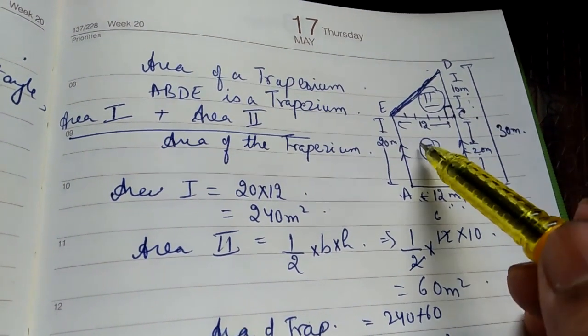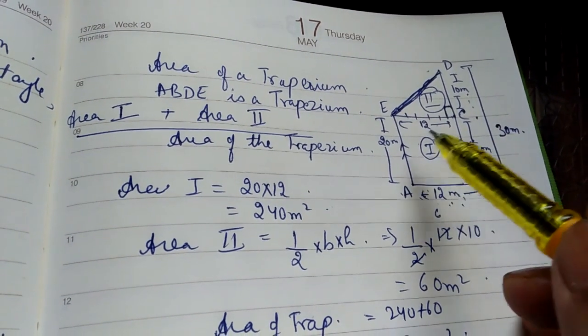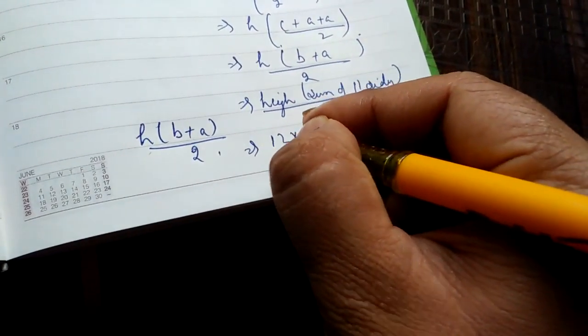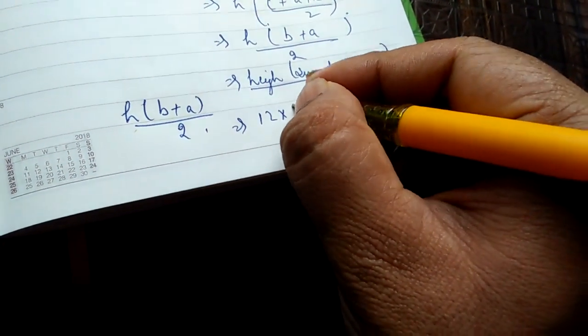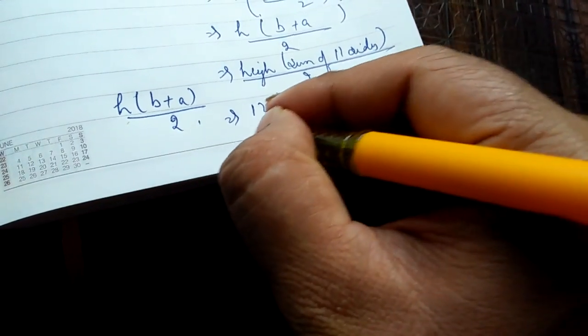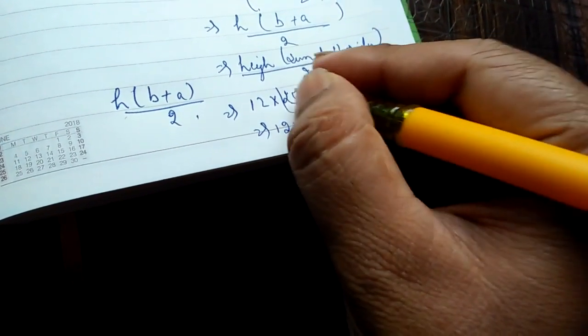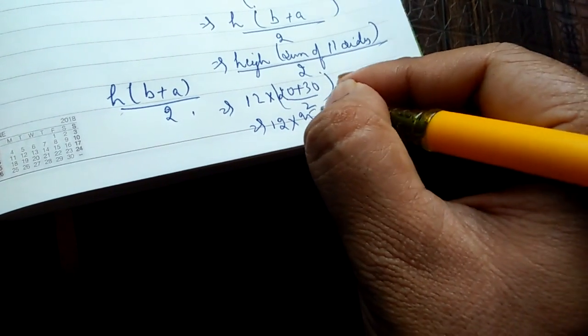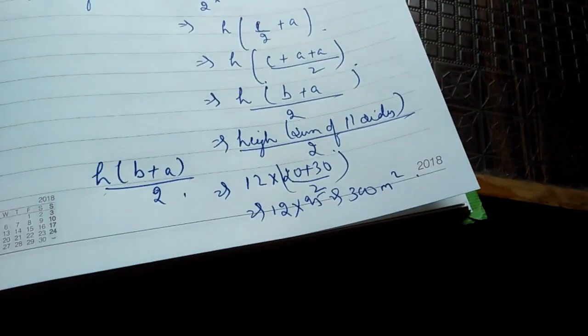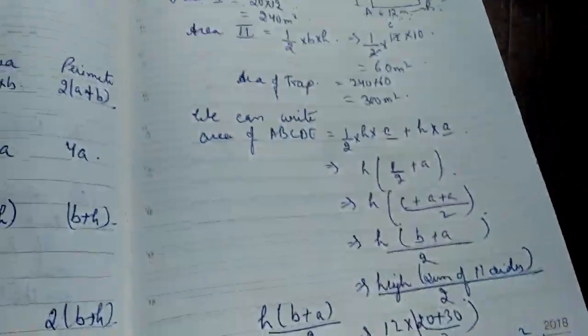Okay, so height is 12 meters, so it can be given as 12 into (B plus A), which is 20 plus 30 by 2. So it is 12 into 25, which is equal to 300 meters square. Okay, so the area of trapezium can be found out by this formula as well.